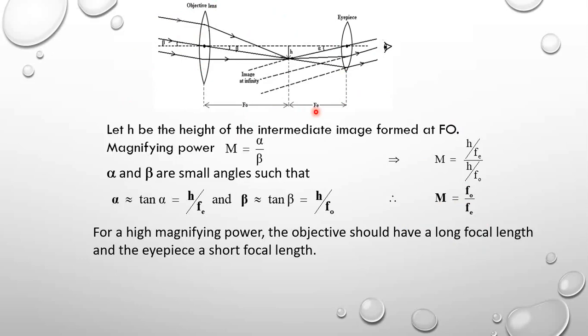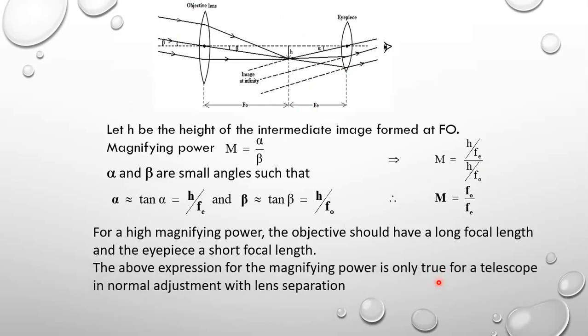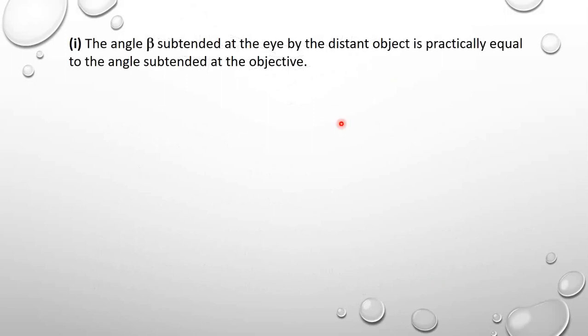When it is not in normal adjustment, the magnifying power formula will change, as we shall see later on. And the separation between the objective and the eyepiece is going to be given as f0 plus Fe. That's going to be the separation.